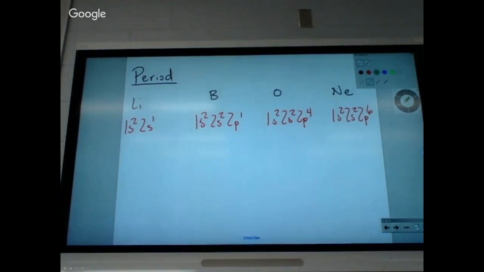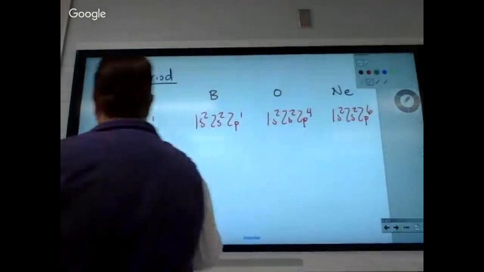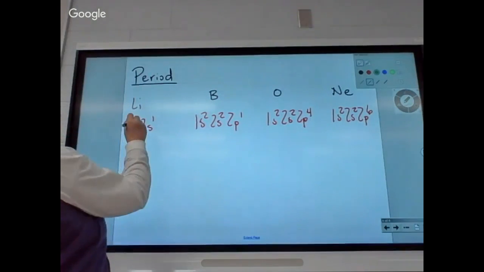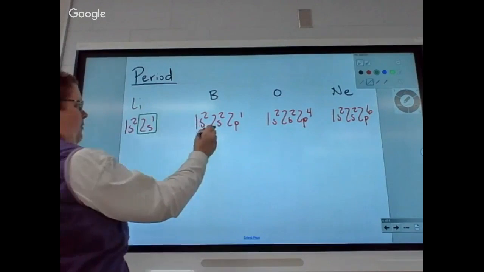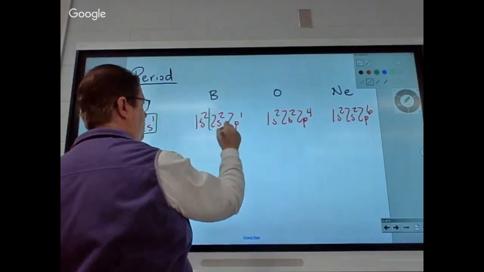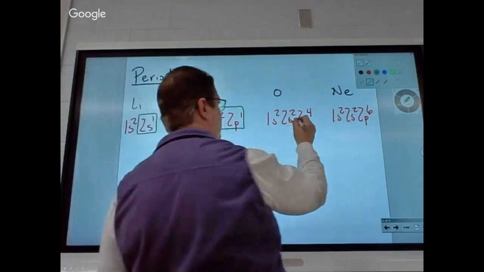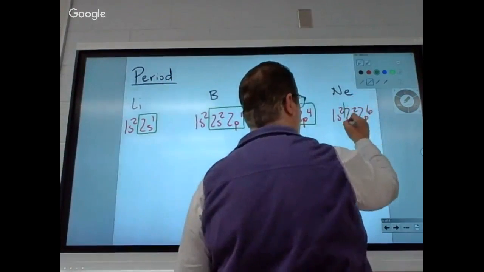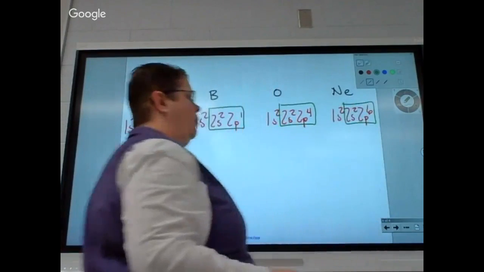All right. If we look at lithium, what's its highest energy level? 2. Okay. What's the highest energy level here? Okay. So the highest energy level on all of them is 2.